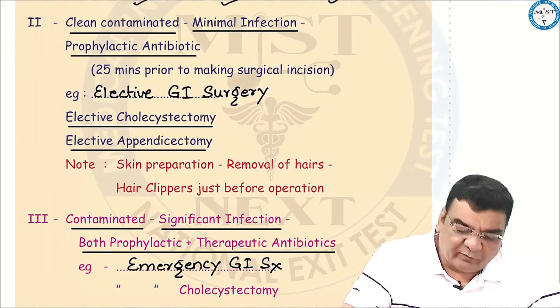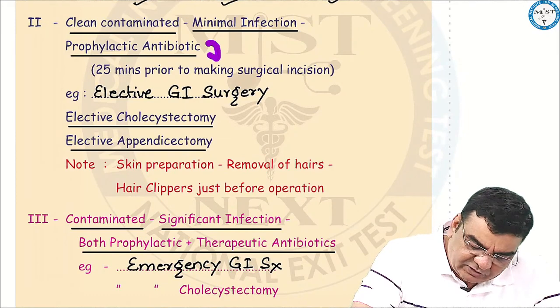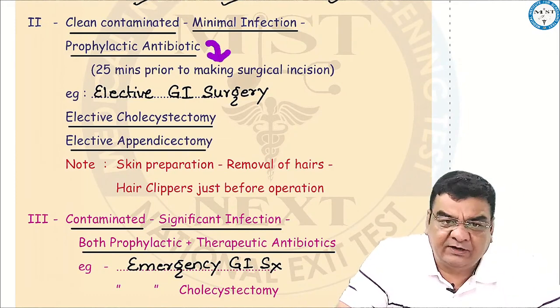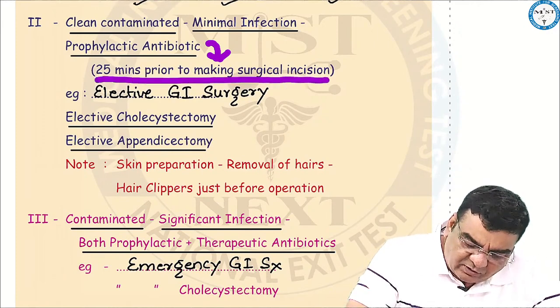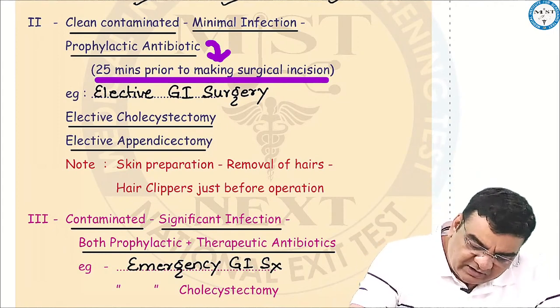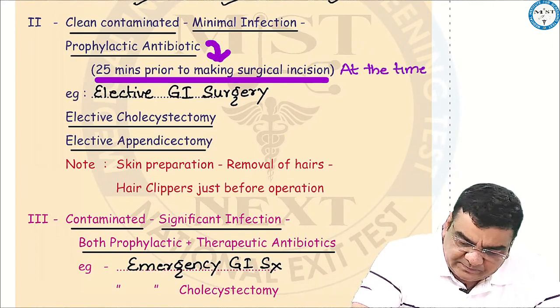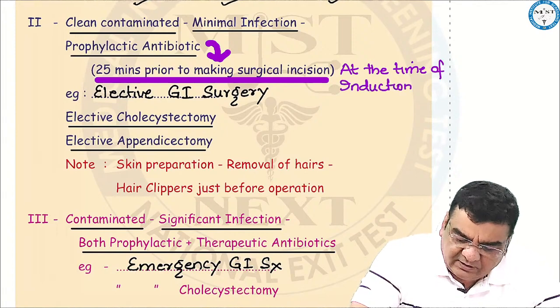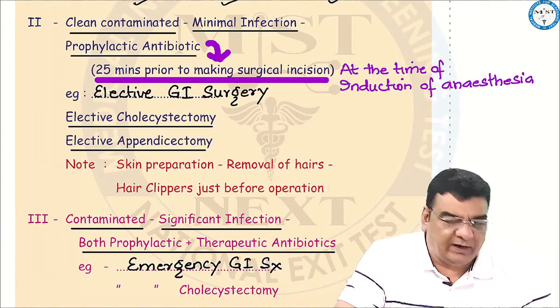Now, when we have to give prophylactic antibiotic, we should know that this prophylactic antibiotic should be given 20 to 30 minutes prior to making the surgical incision, or they can give it at the time of induction of anesthesia. At the time of induction of anesthesia, this is the ideal time for giving a prophylactic antibiotic.